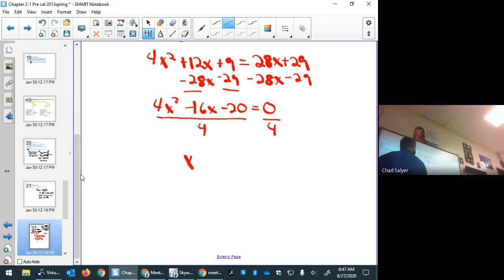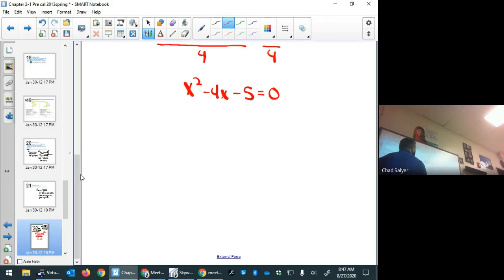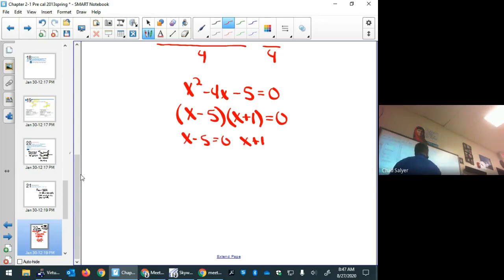And I'll have x squared minus 4x minus 5 equals 0. And this actually is going to be pretty easy to solve by factoring now. So I'm going to say (x - 5)(x + 1) equals 0. And I'll set both of those equal to 0 using the 0 product property. So x equals 5 or x equals negative 1.